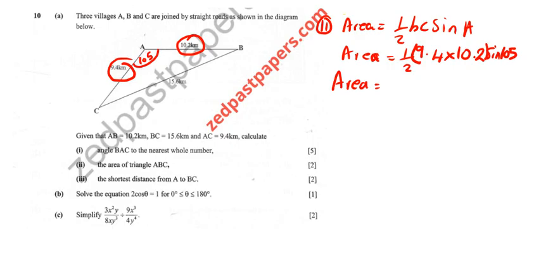So when I say sine 105 multiplied by 9.4 multiplied by 10.2, I'm getting 92.61296822 over 2.